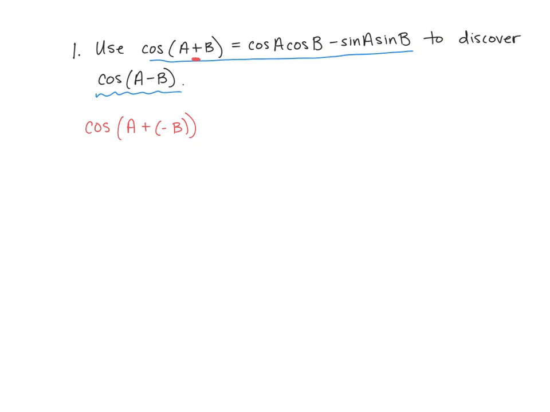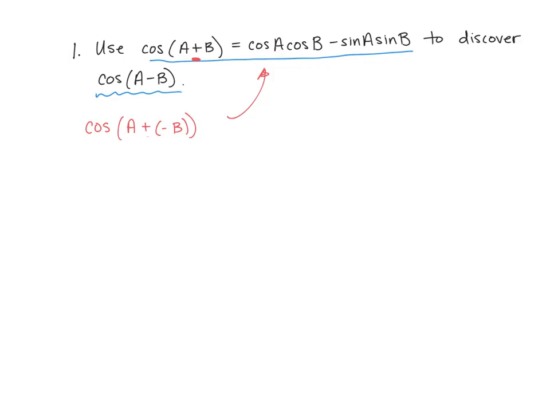So let's first start by breaking apart A minus B and writing it in terms of addition. This way, we can use our identity that we already know. And if we go back to our grade 9 integer understanding, we know that adding a negative still means we are just subtracting. So we have not changed mathematically the value of this.